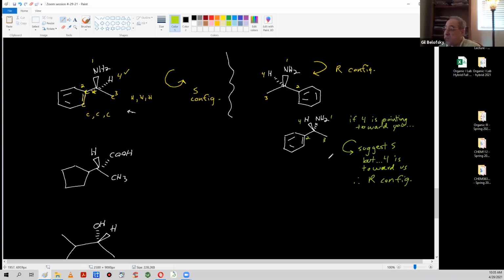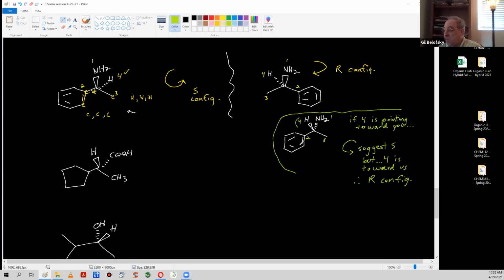You just switch it. Really what you're doing there is looking at the priorities, and another way to think about it is if you were behind the screen looking at it from that side, then 4 would be away from you, and it would look like 1 to 2 to 3 clockwise instead of counterclockwise.